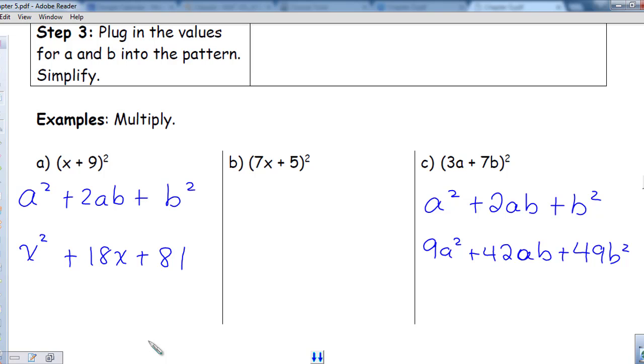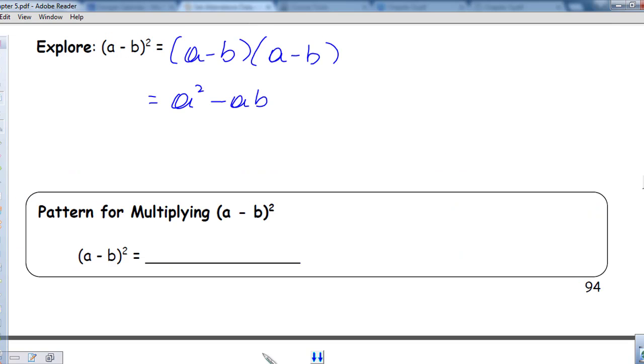All right, questions about that? Okay, try B on your own. We've got a minus b squared. We're multiplying a minus b times a minus b. If I do the first, we get a squared. When I do the outer, it's minus ab. When I do the inner, minus ab again. And then the last, I'm going to get plus b squared. Very good.